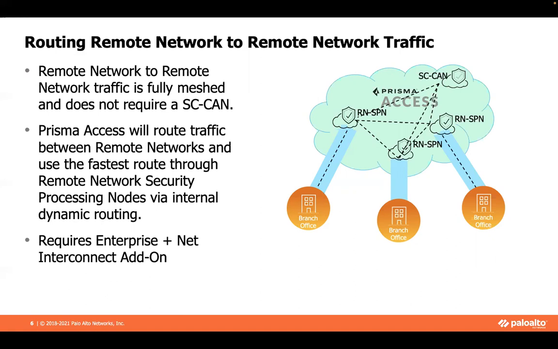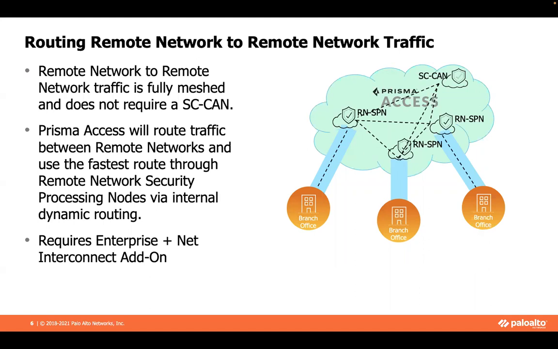If users need to be able to access services down a service connection, then certainly we can do that. And that might typically use the static routes to do that. To be able to talk between one remote network and another one requires some licensing.